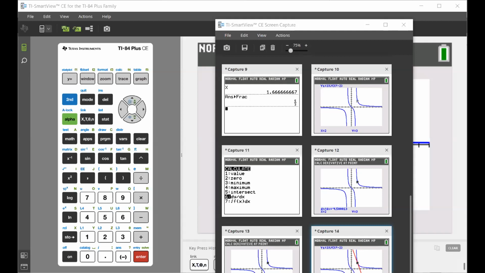The question said, find the rate at which the average profit is changing when 1,500 petunias are grown and sold. So we want the derivative evaluated at 1,500.